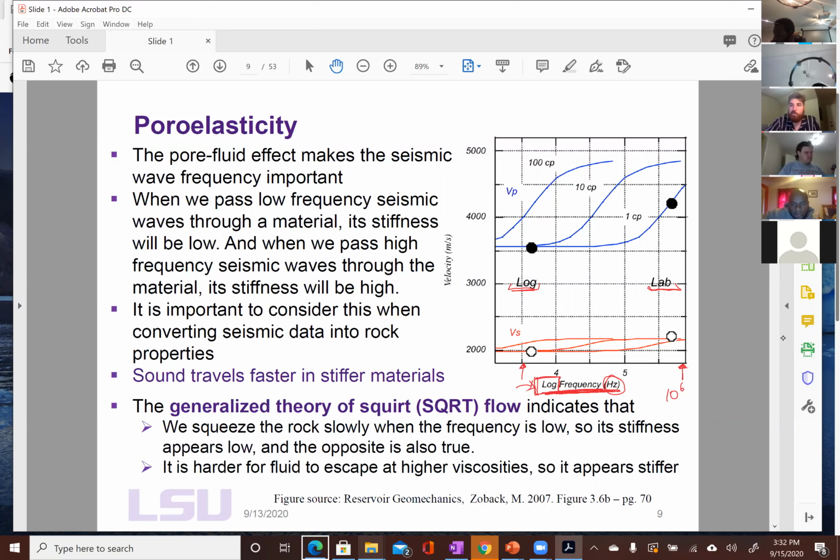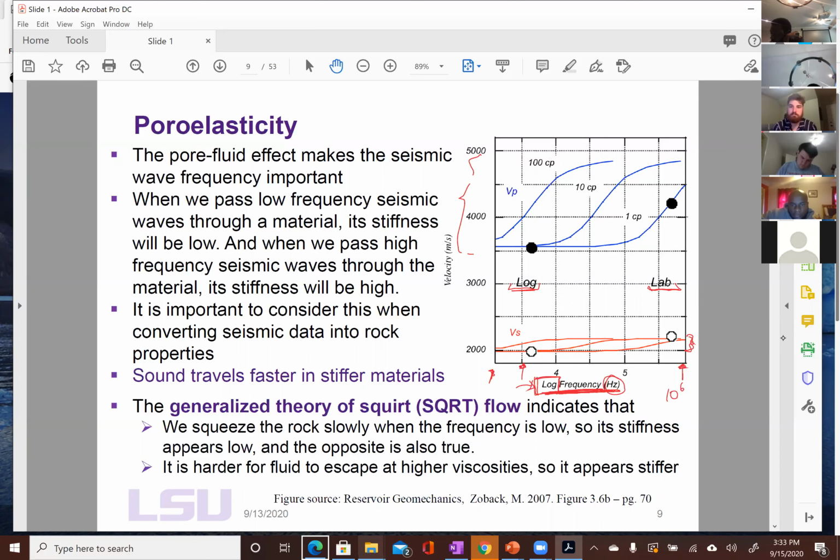So here is 1E3, right? So this is about 6,000 hertz. And you observe that this is a lot lower. All of these curves are a lot lower than this, right? What's the difference?